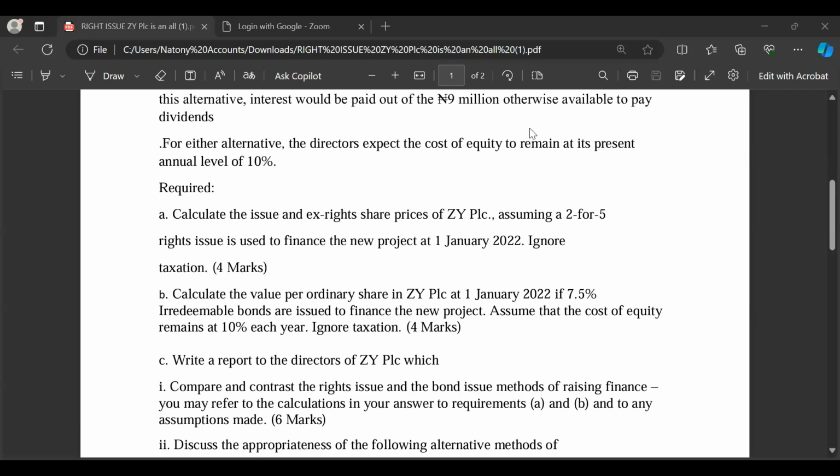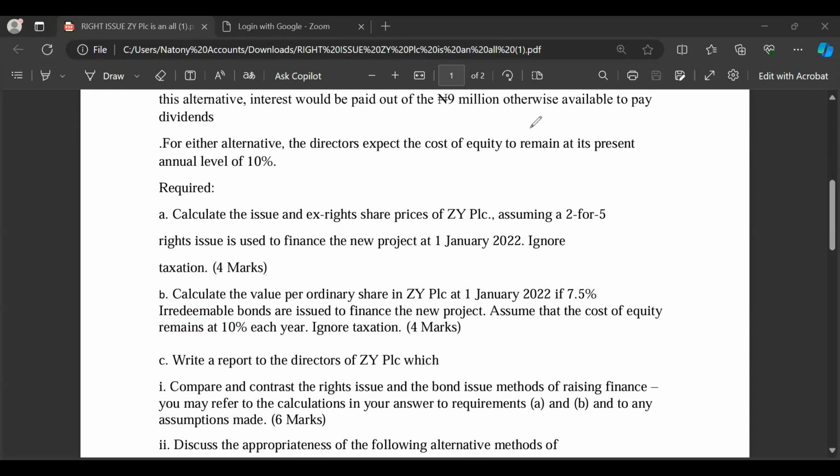The second, calculate the value per ordinary share in XYZ PLC at 1 January 2022 if 7.5% irredeemable bonds are used to finance the projects, assuming the cost of equity remains constant.